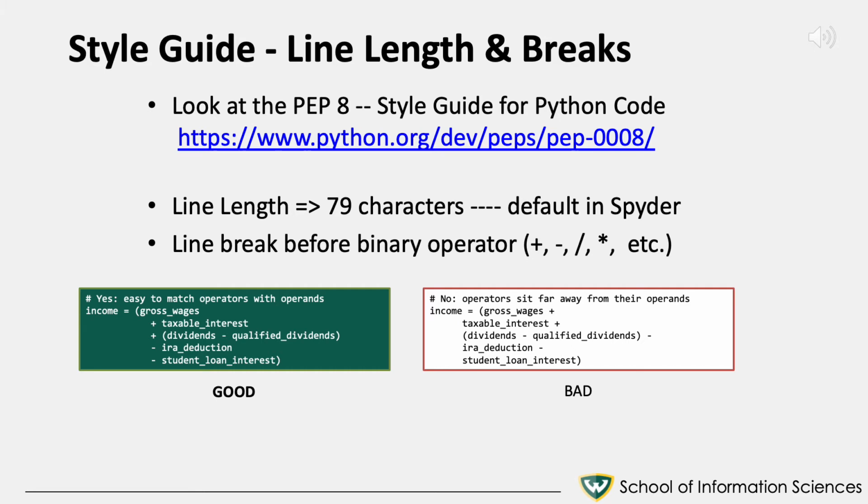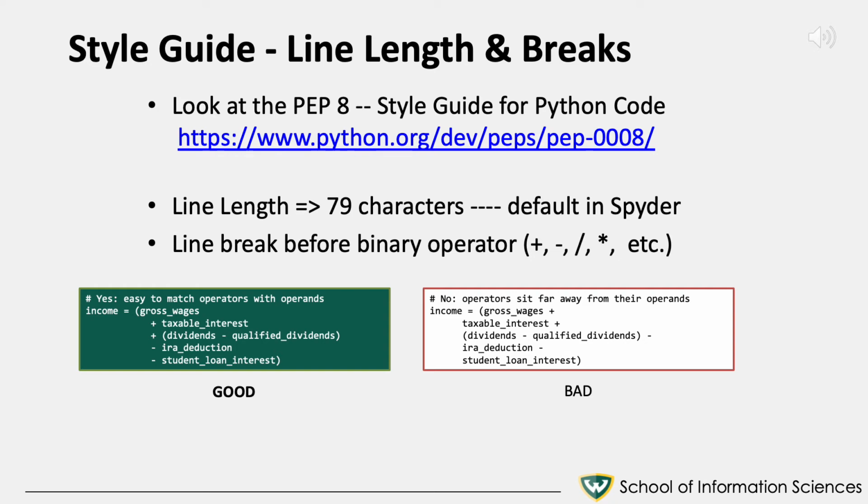Another aspect that I will be looking at, and remember this for the assignment today, is line break before the binary operator. So as I mentioned on the left, you see income equals parentheses gross wages, which is what we call a variable, which I'll introduce in a couple of slides, plus taxable interest, plus etc. But you note that after gross wages, you hit enter.